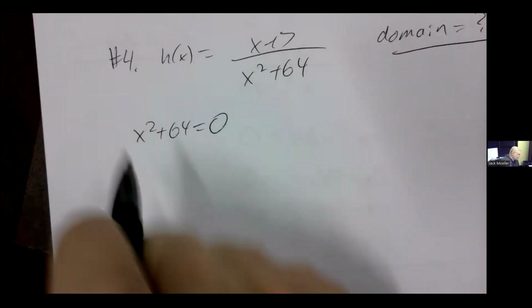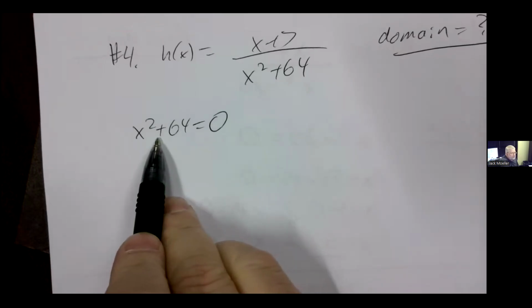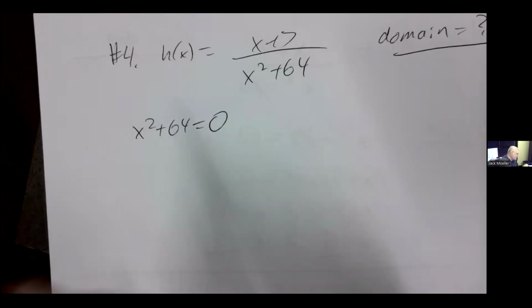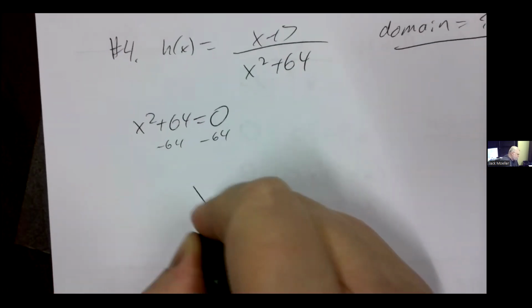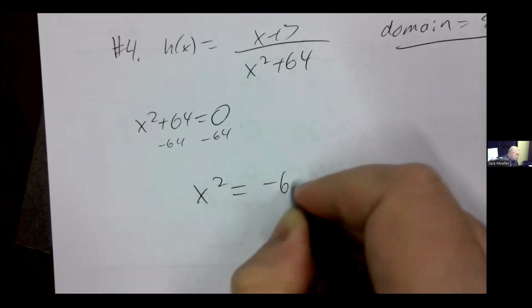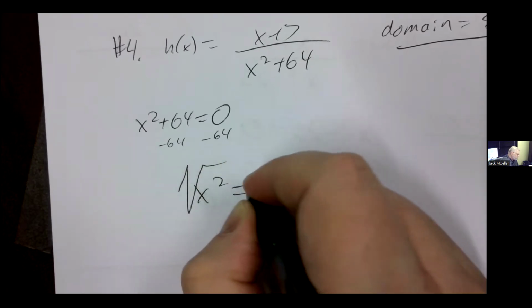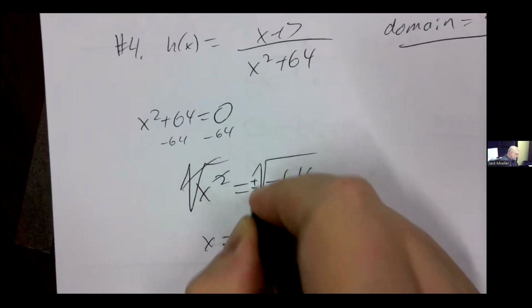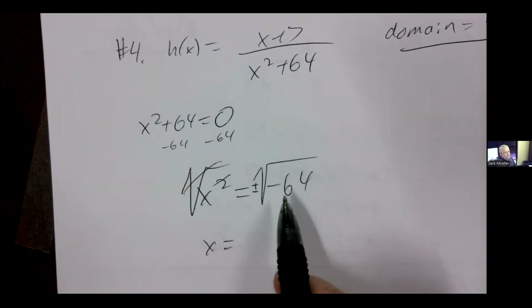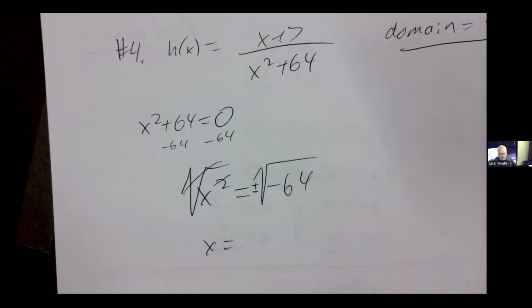Now this one doesn't factor because it's a sum of squares, not a difference of squares. Let's use the square root property. Get x squared equals negative 64. Take the square root of both sides. Don't forget your plus or minus. And what is the square root of negative 64?